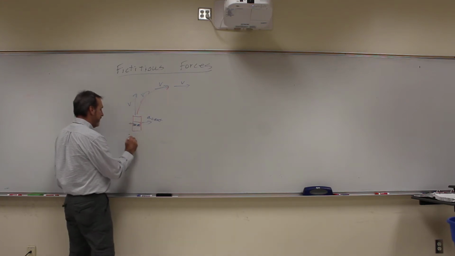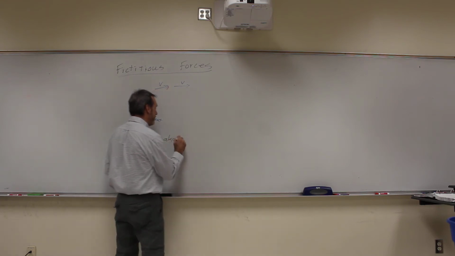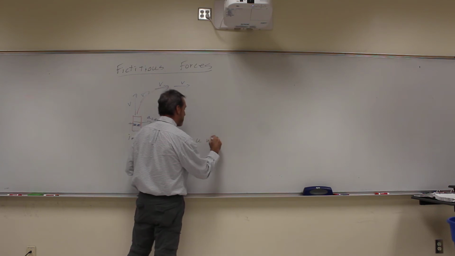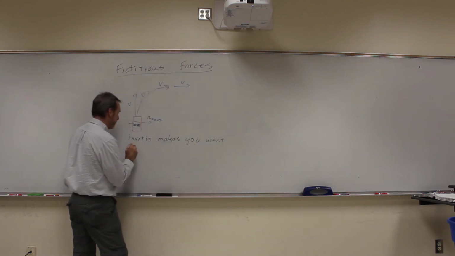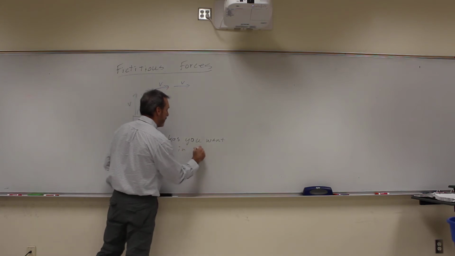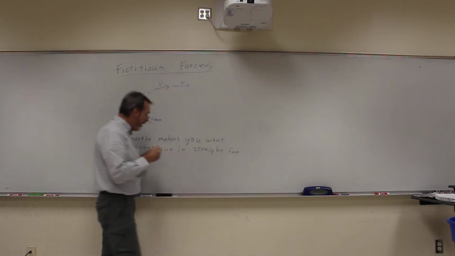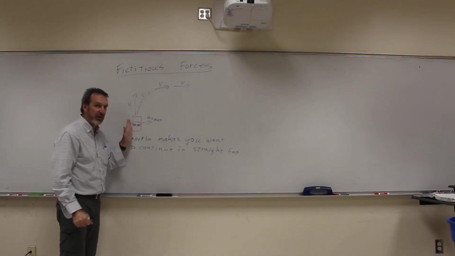So your inertia makes you want to move in a straight line, or to continue in your straight line. But the car, because it's turning, is not going in a straight line anymore.